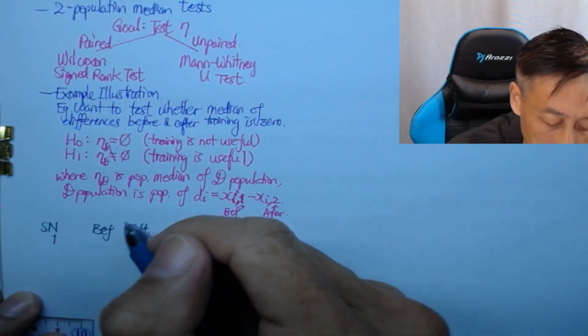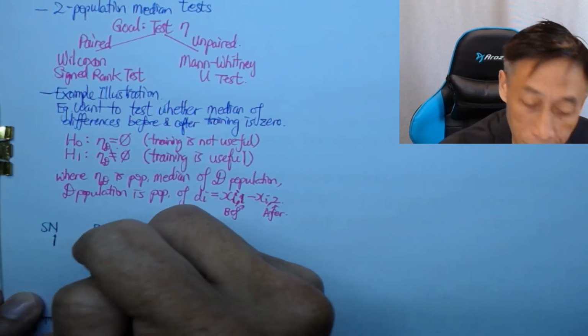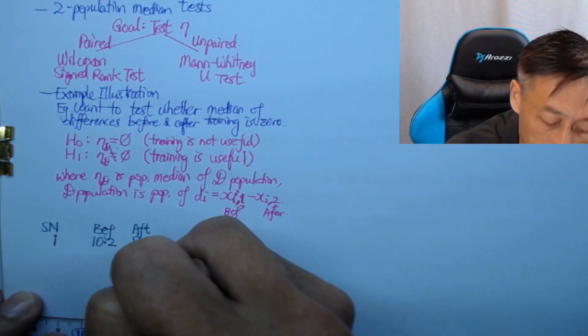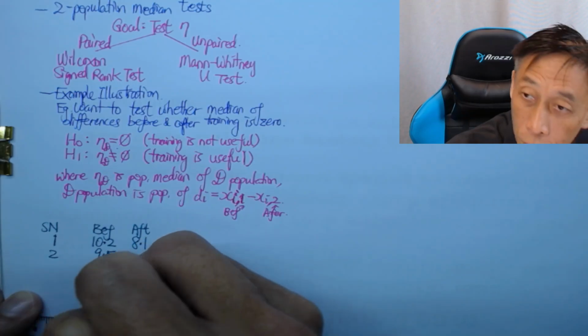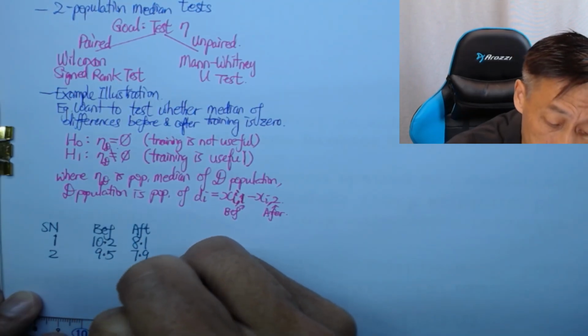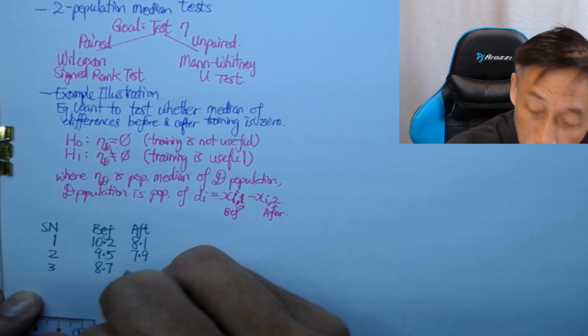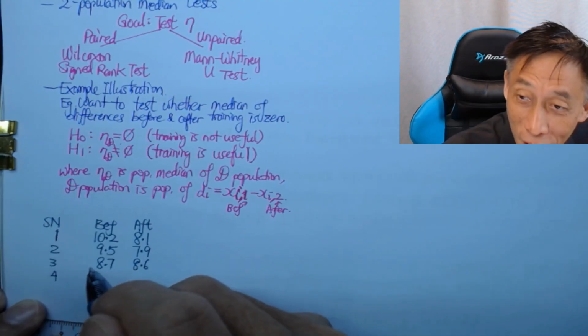Right, so first pair, first employee, because we measure, right? 10.2, 8.1. Second employee, 9.5, 7.9. Third employee, 8.7. Don't worry, this won't go on forever. Just give me time for 5 pairs, right?